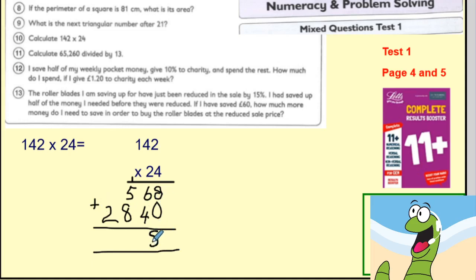This gives us an 8. 4 and 6 is a 10, 0, carry 1. 5 plus 8 gives us 13, and 1 is 14. And we need to carry that one over. 2 plus 1 gives us 3. So our answer is 3,408.